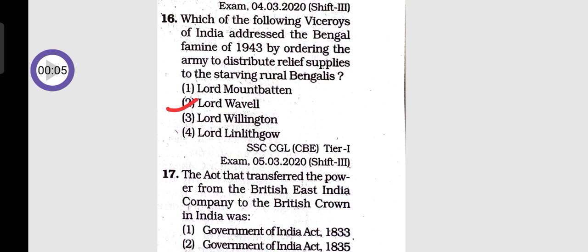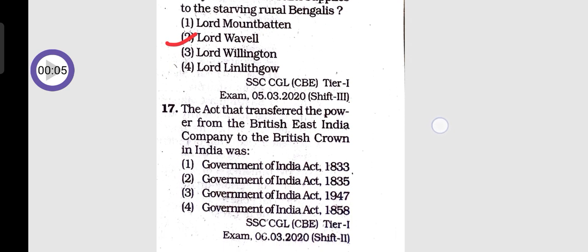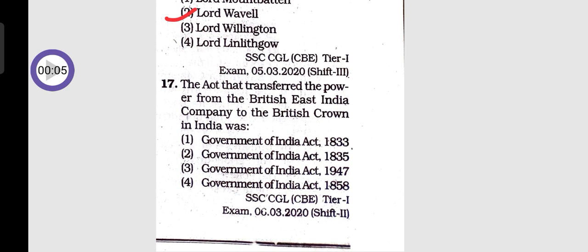Question number 17. The act that transferred the power from the British East India Company to the British Crown in India was option 1 Government of India Act 1833, option 2 Government of India Act 1835, option 3 Government of India Act 1947, option 4 Government of India Act 1858.